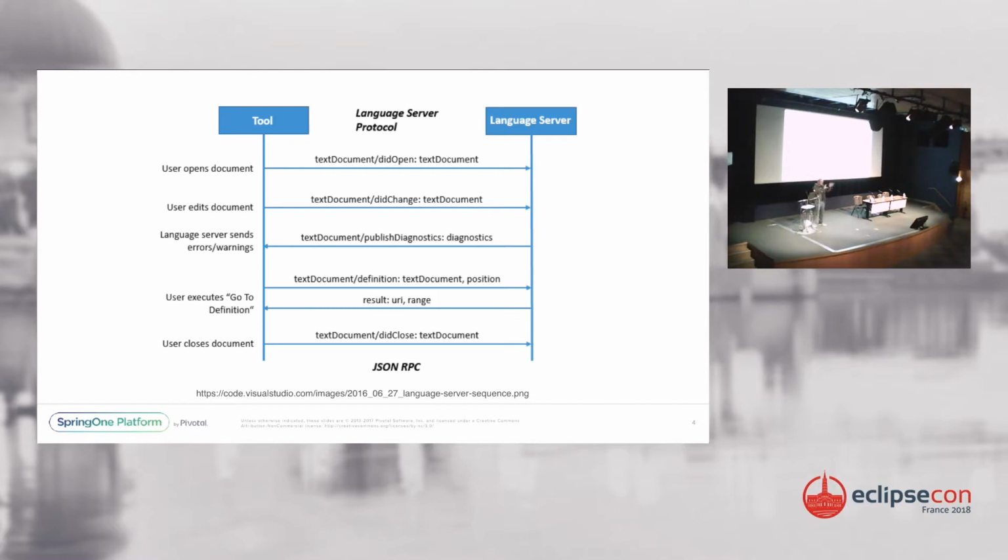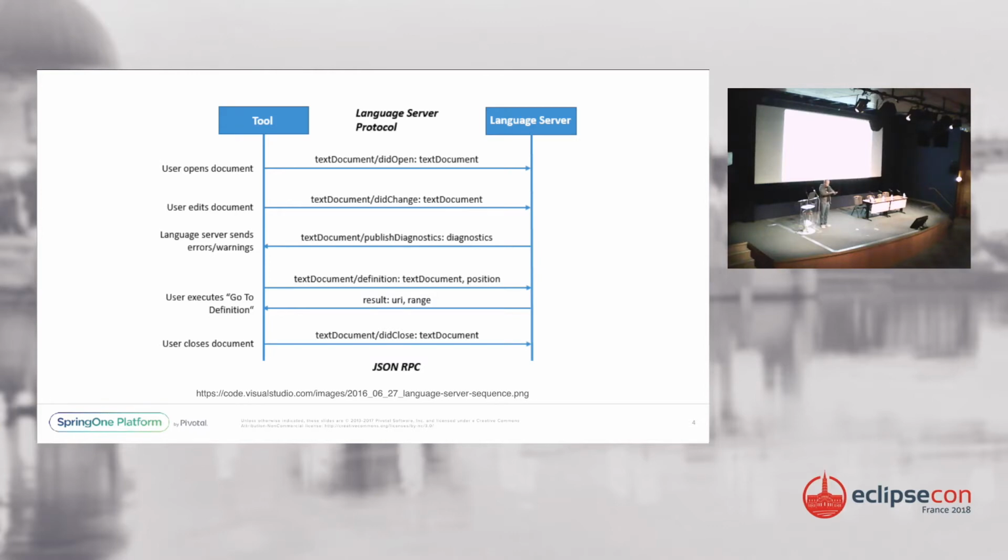It's kind of two processes that talk to each other. So the client tells the server, hey, I'm editing this source file and I need content assist at line 20, position 5. Please give me content assist back. And the server really analyzes the code and does the stuff. But keep in mind, it's just two processes on the same machine, right? It's running on your machine, on your laptop, whatever.